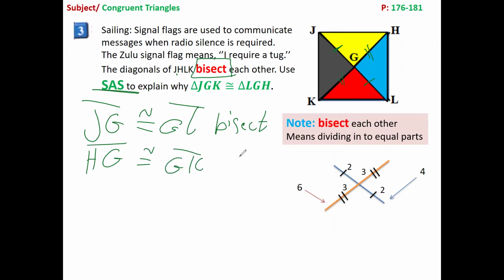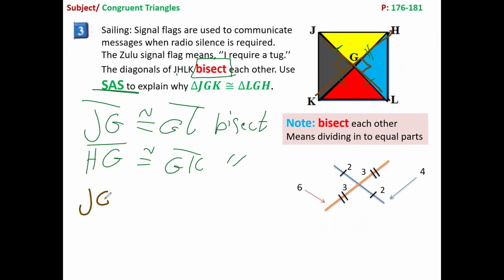Again, you can say because it's bisected or given. Then we already studied something. We said if two lines cut each other, the opposite angles are called vertical angles. So this angle and this angle are called vertical angles.